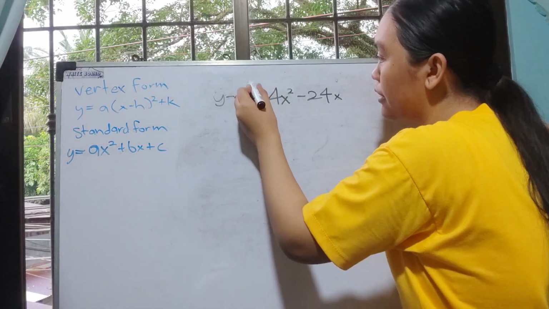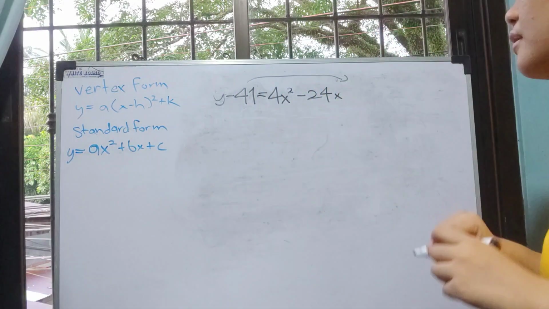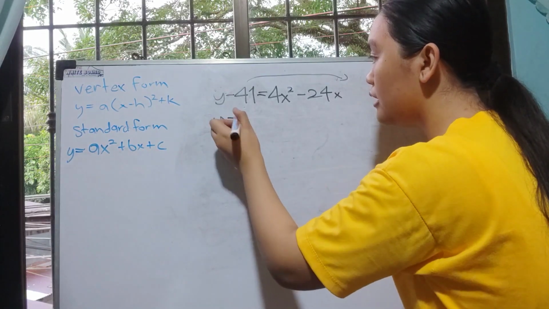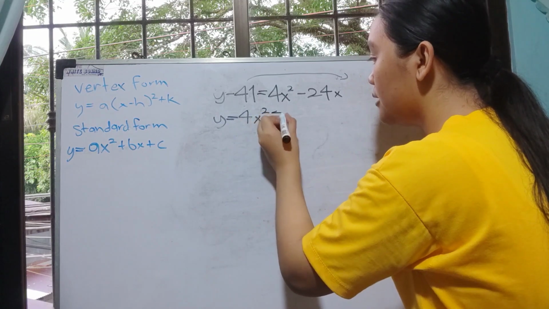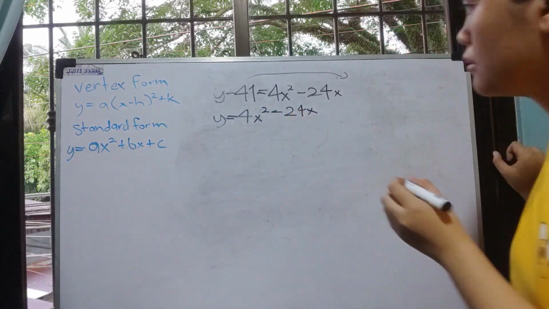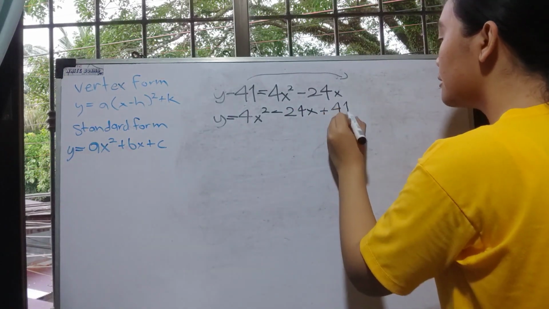This is simple. We only have to move negative 41 to the other side. So it becomes y equals 4x squared minus 24x plus 41.